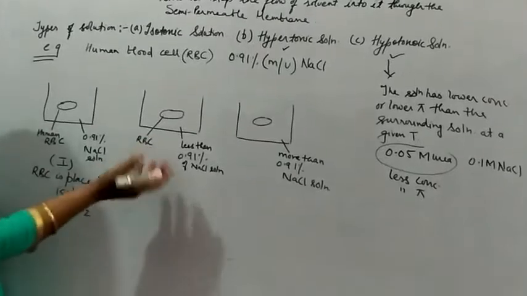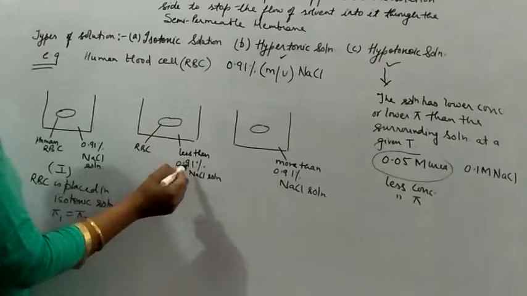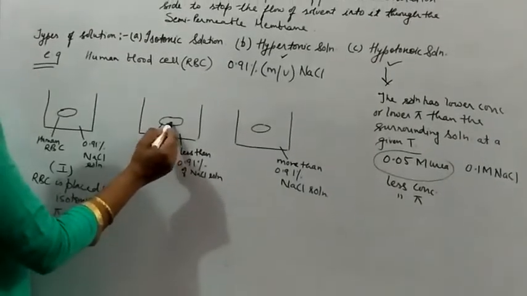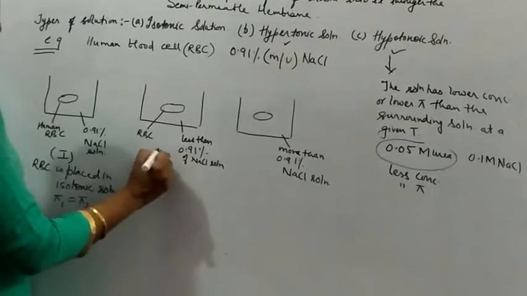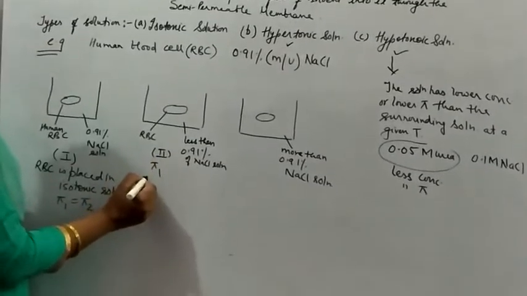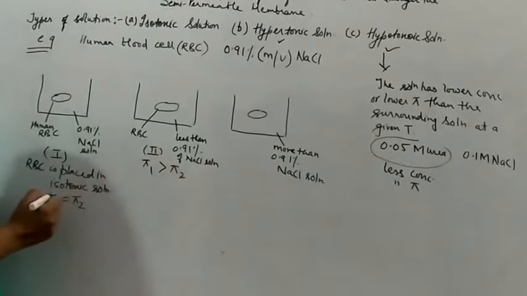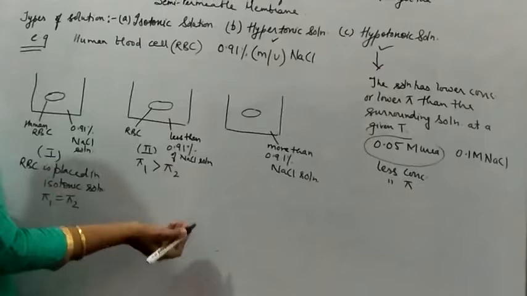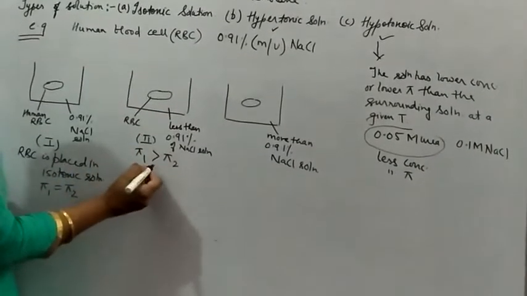In the second case, the RBC has been placed in the solution where the concentration is less. That means the osmotic pressure of RBC, that is pi 1, is greater than pi 2. Pi 2 here stands for the osmotic pressure of NaCl. So the pi 1, that is of the RBC, is greater.